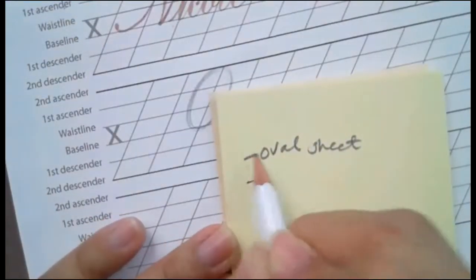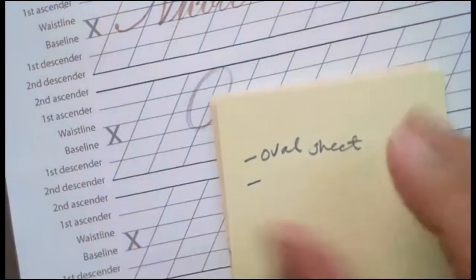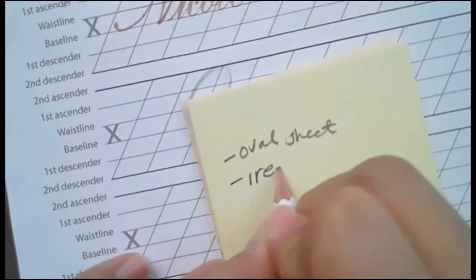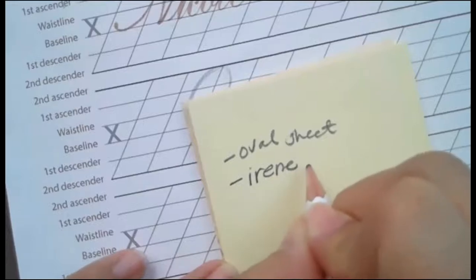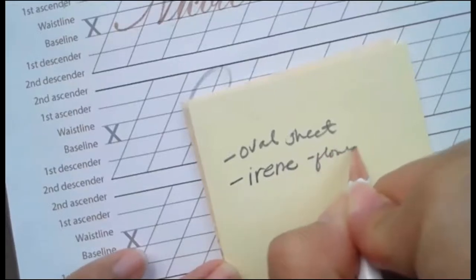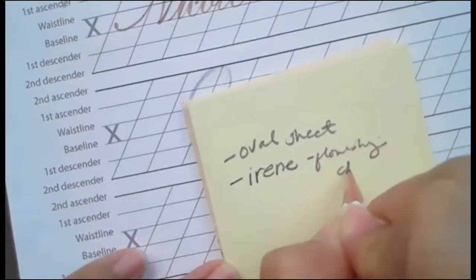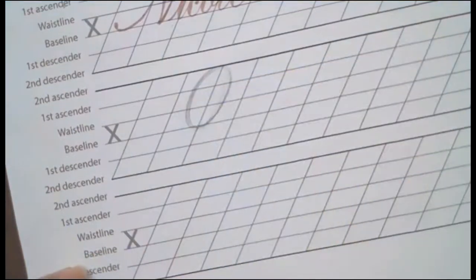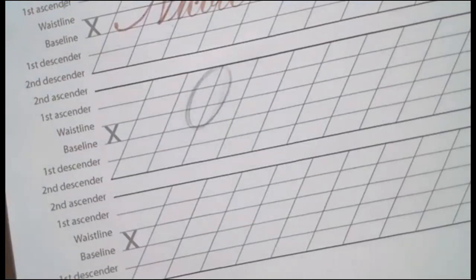I also want to share, I just love sharing any tips. There's a gal on Instagram, I don't know her personally, but her name's Irene. I'm going to share a flourishing sheet that she sent. I'll give you her link. You have to give her your email so she can send it to you. But how cool is this?